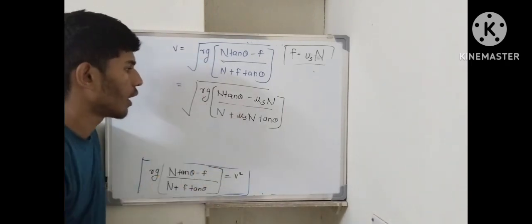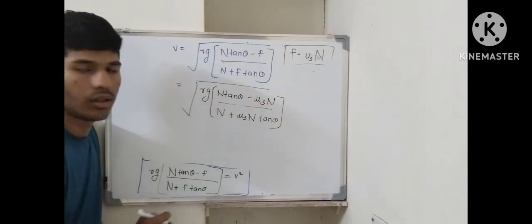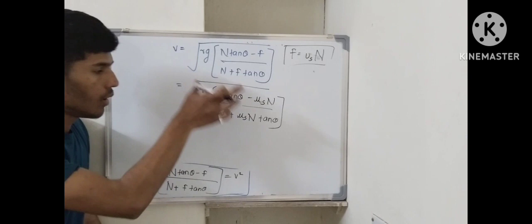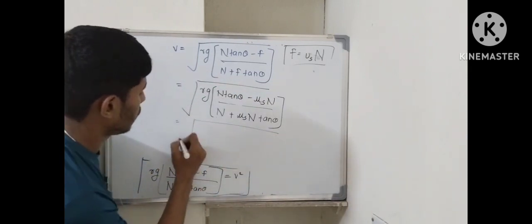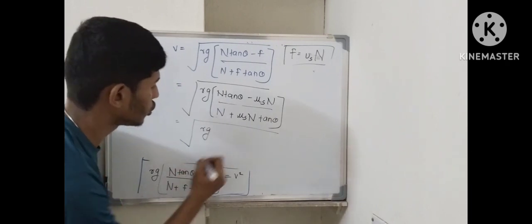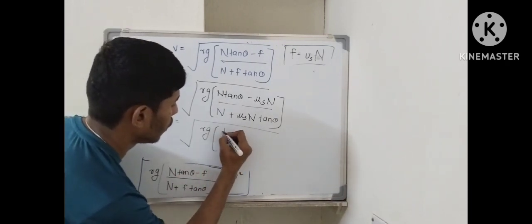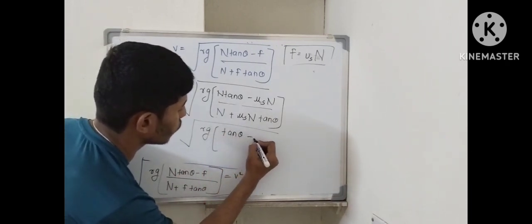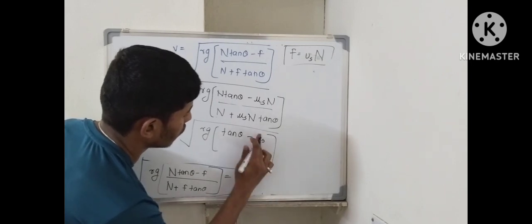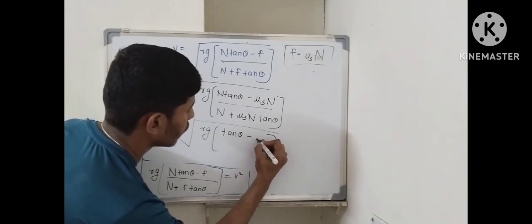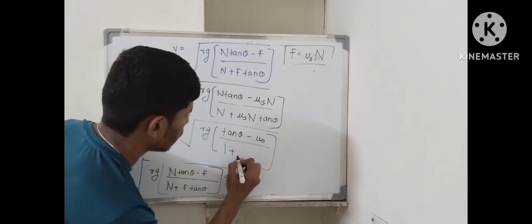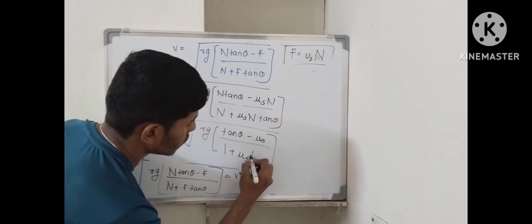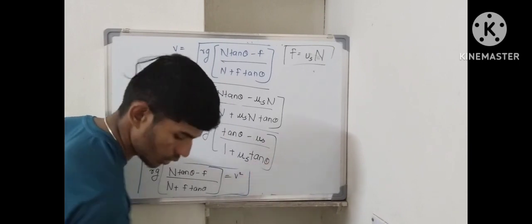Now it is clearly visible: N, N, N, N. If we take N common, the N will get cancelled. What will remain: rg into tan theta minus mu s upon 1 plus mu s tan theta.